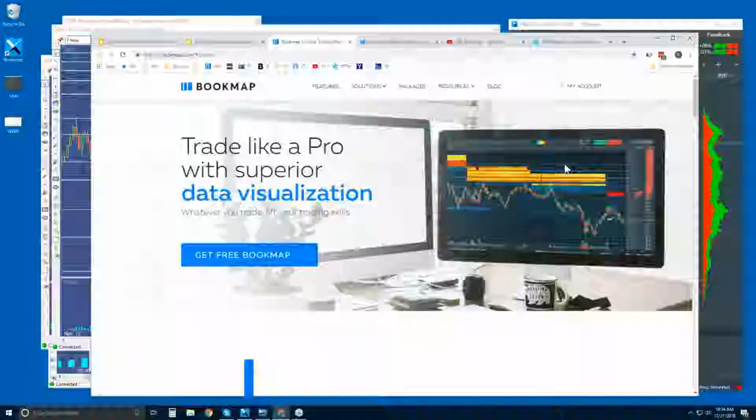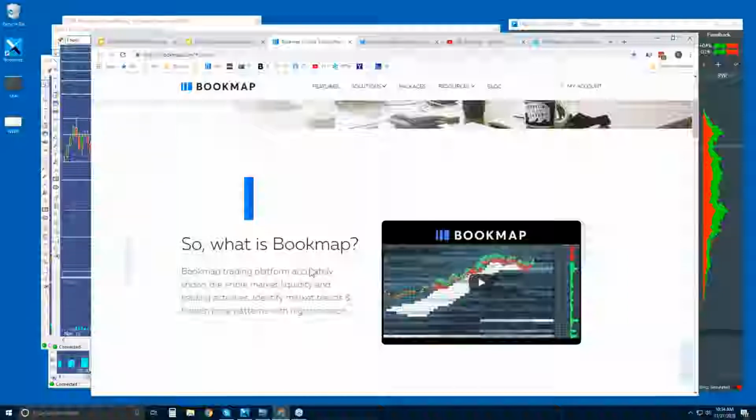All right, so we'll scroll down a little bit here. And so what is Bookmap? Let's define it. We are a software trading platform, just like any other platform out there. We're not a derivative of time, price, or volume. In fact, what we're showing is very simple data on the screen in a very accurate way. We're giving you full market depth, though it depends on the data provider.